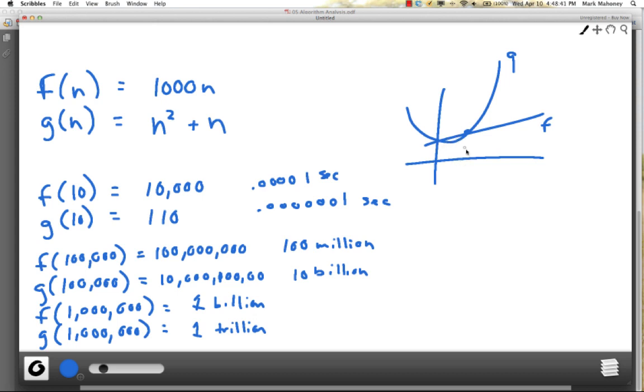When n was small, G actually outperformed F. But as n got really big, you'll see that if you plug in a value here, there's just a huge difference between F and G. G is much, much worse than F in terms of the number of critical operations that are going to be executed. Okay, so the efficiency of an algorithm describes the relative efficiency as n gets large.